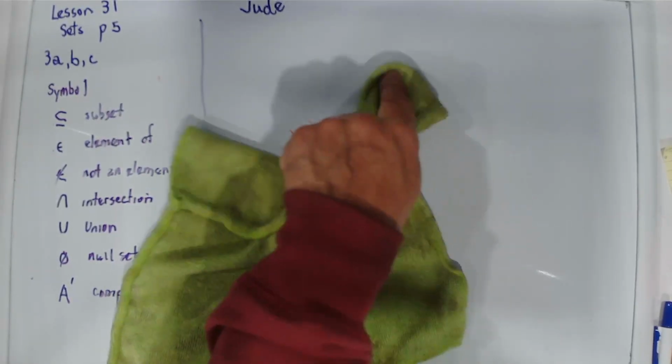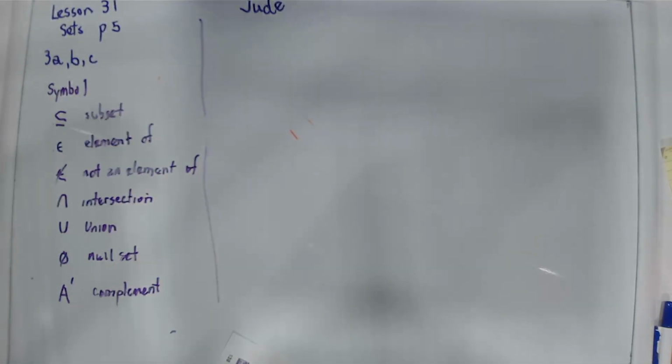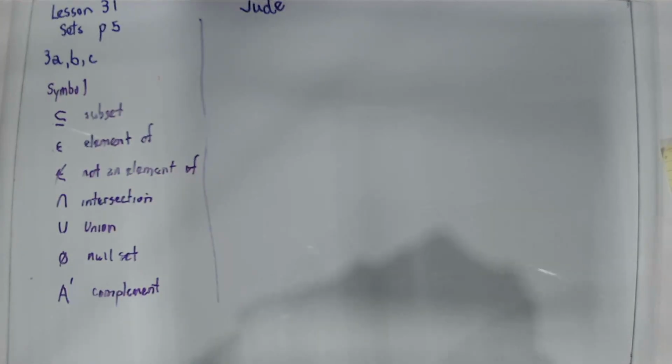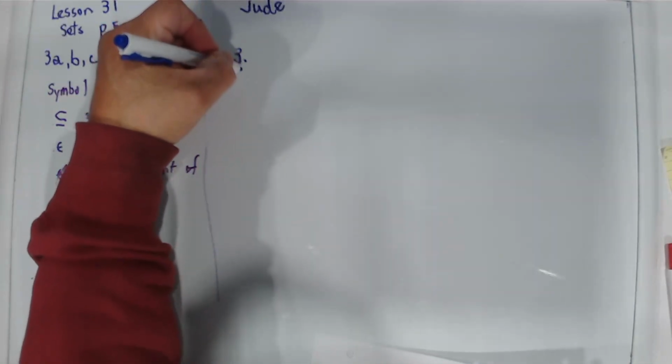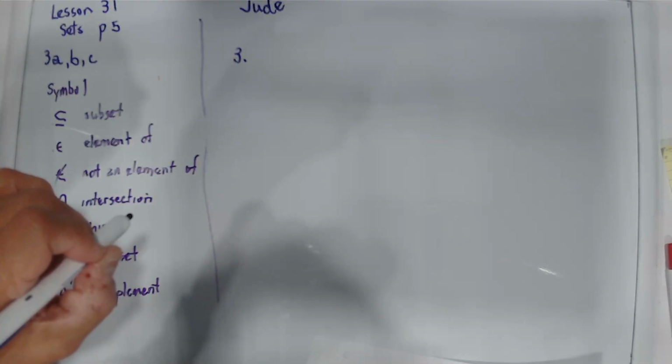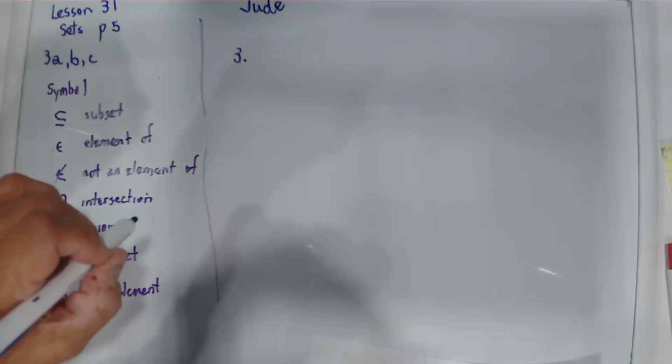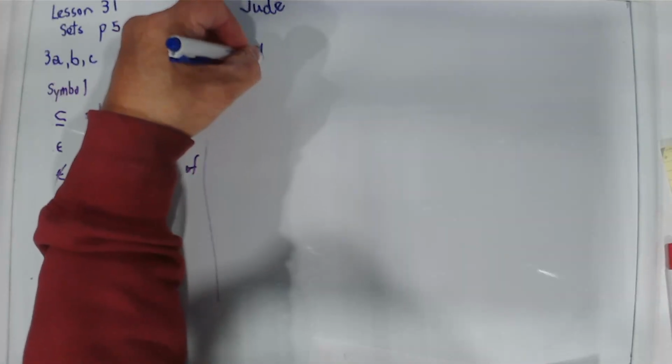And if you look at set theory, it's just a way of writing logical statements without necessarily having to use numbers. So let's take a look. Okay, so 3 says shade the diagram.